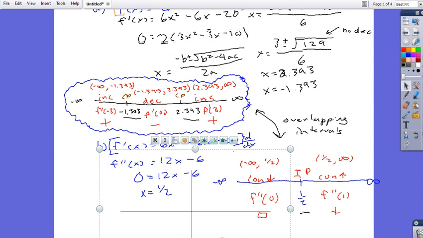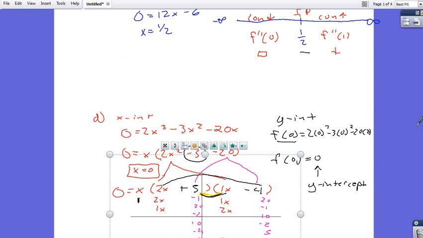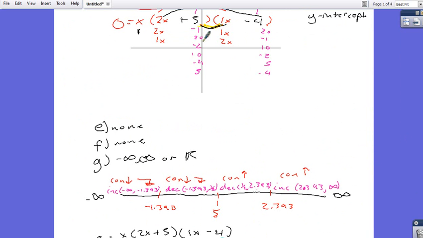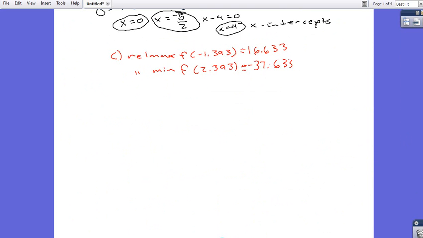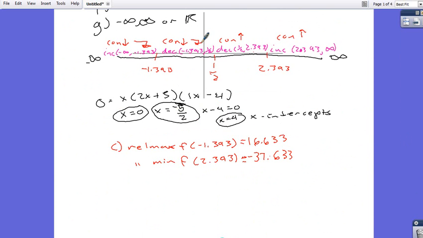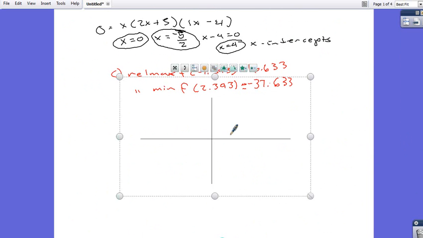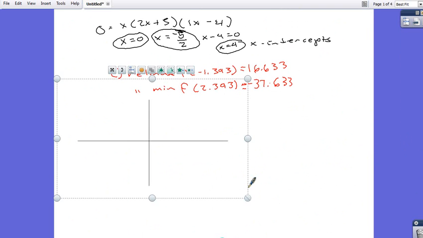Might help to get that out of the way. Alright. We're cooking with grease now. Alright, so important information we want to be able to have on our graph, which I probably should have actually just kept on the other page, but that's alright.